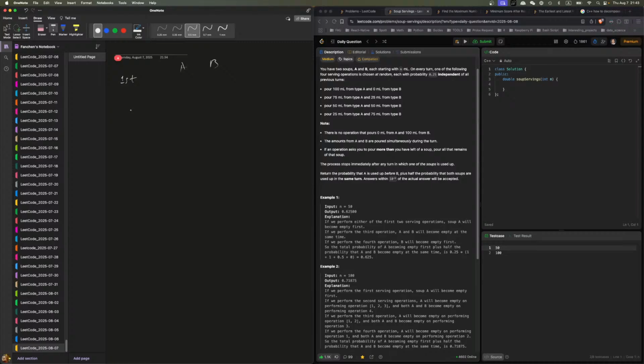So in this case, I have basically this for A to go first, right? And then I have this times 3, because I have these, plus, yeah, that's 2 times 0.25, and the last one is just 0.25. This is A to go first.